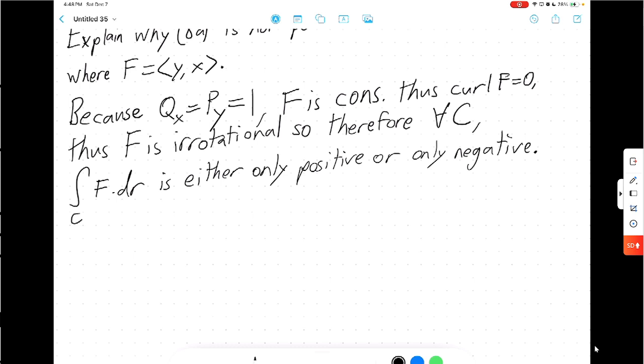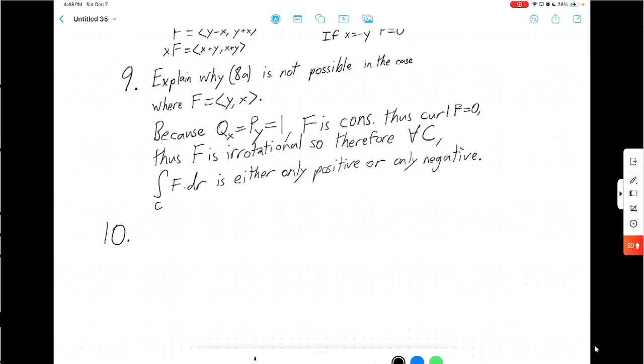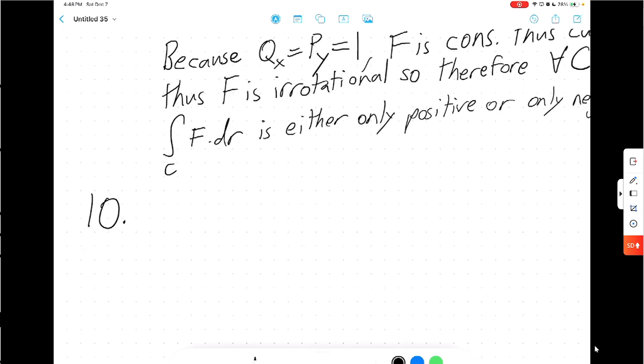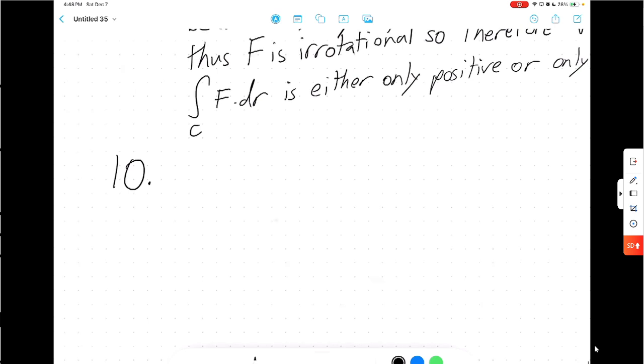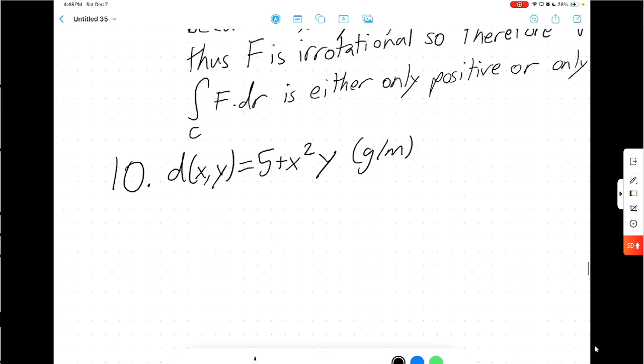Number 10. It says that the density of dust collected by a single passage of a vacuum cleaner is given by d of x, y is equal to 5 plus x squared y, I think in grams per meter or something.